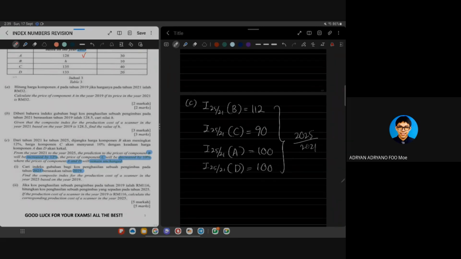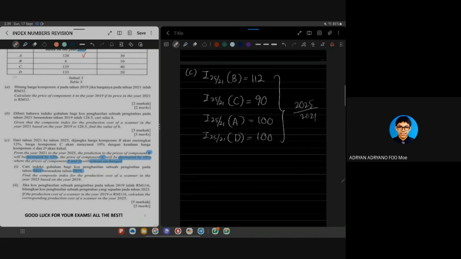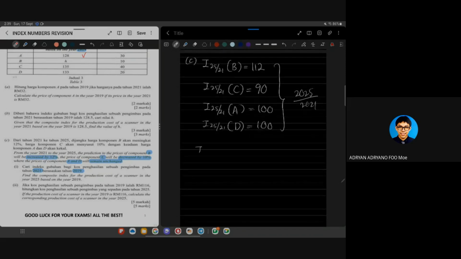I want you to do it one by one because here they mention different increases and decreases. They didn't say all of ABCD increase or decrease. Only when you see the word all can I use the chain rule. So now we have to find the index of 25 over 19 for all of ABCD.